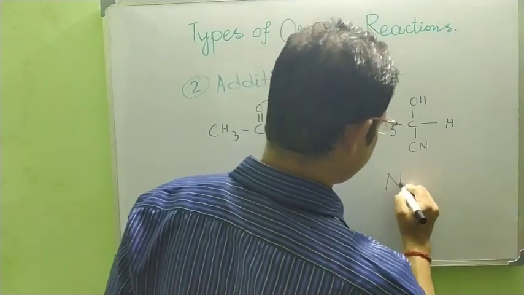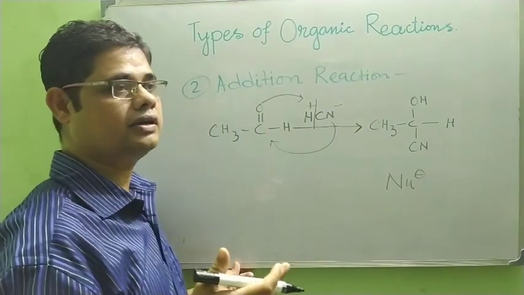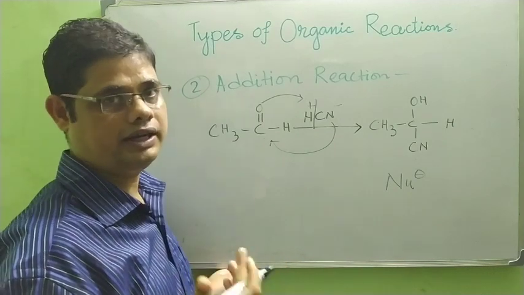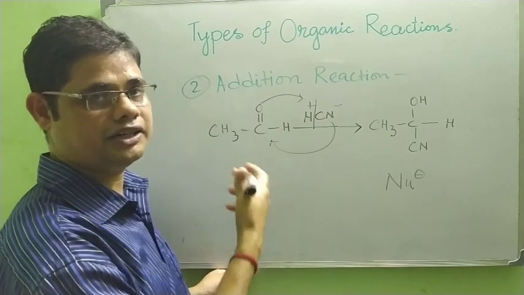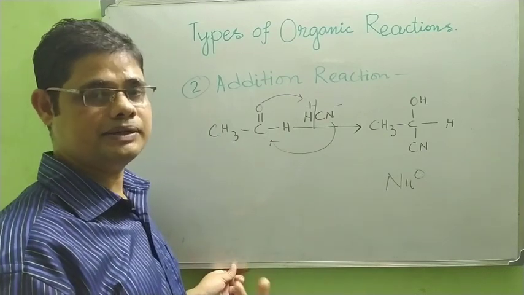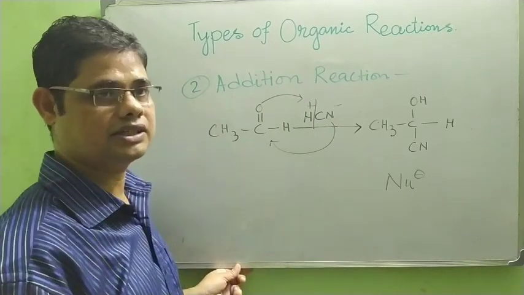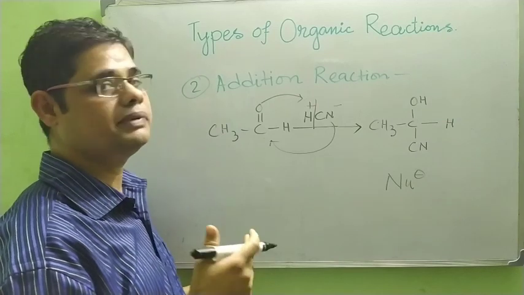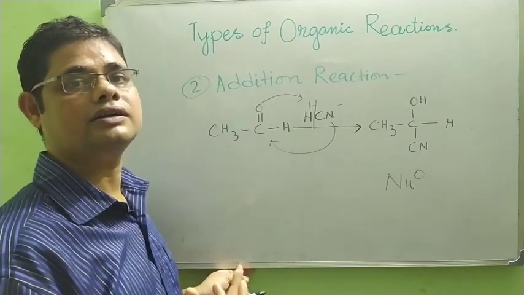Remember that the majority of aldehydes and ketones give nucleophilic addition reactions. The majority of alkenes and alkynes give electrophilic addition reactions. And in presence of peroxide, it would be a free radical addition reaction.